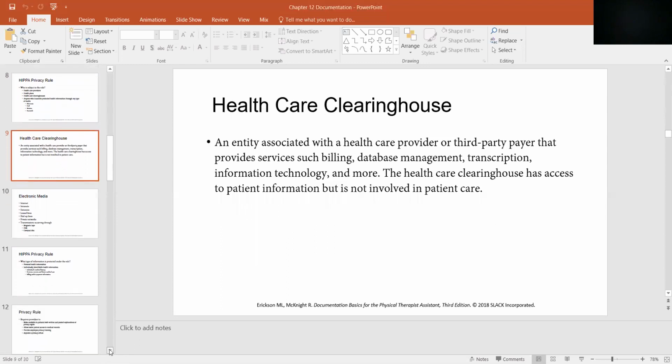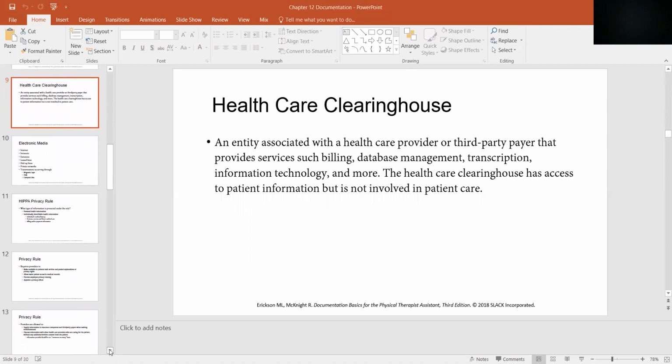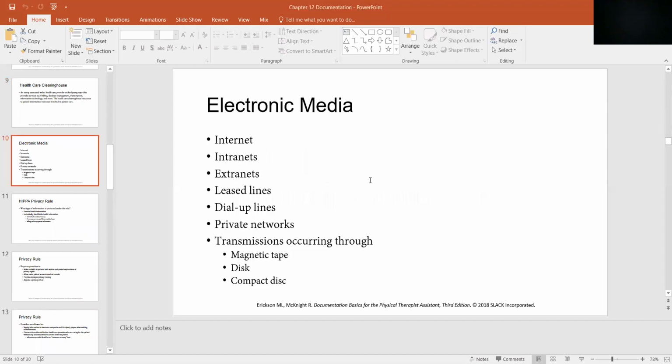The Healthcare Clearinghouse is an entity associated with the provider or third-party payer that provides services such as billing, database management, transcription, information technology, and more. So it has access to patient information and their private information, but is not directly involved in their care. So electronic media can be the internet, intranet, extranets, leased lines, dial-up lines, private networks, and then transmissions occurring through, these are old, magnetic tape, disc, or compact disc.